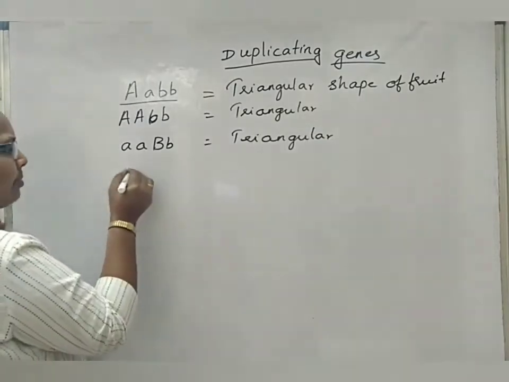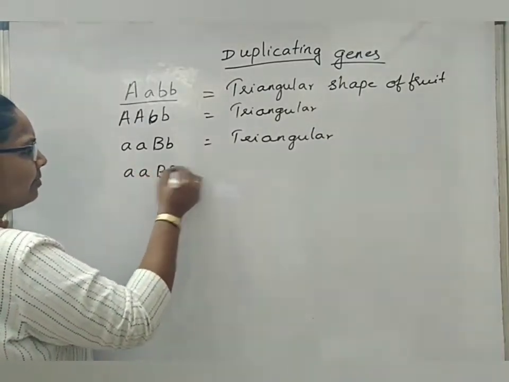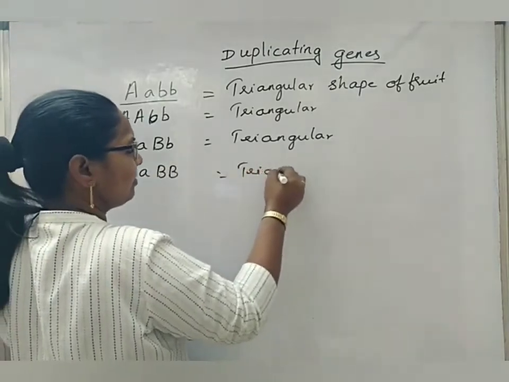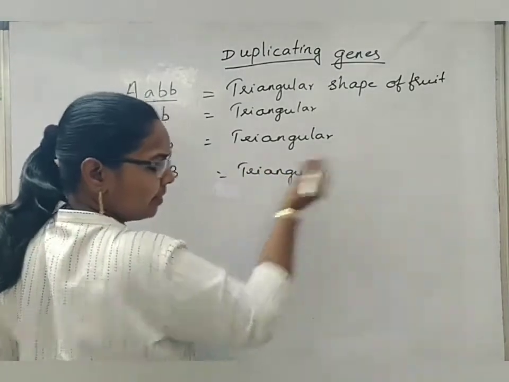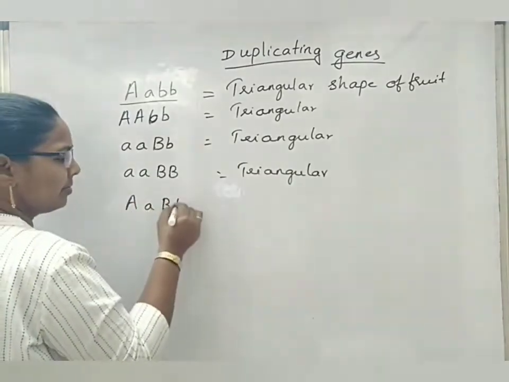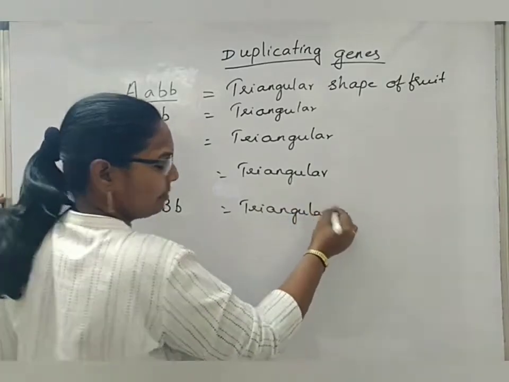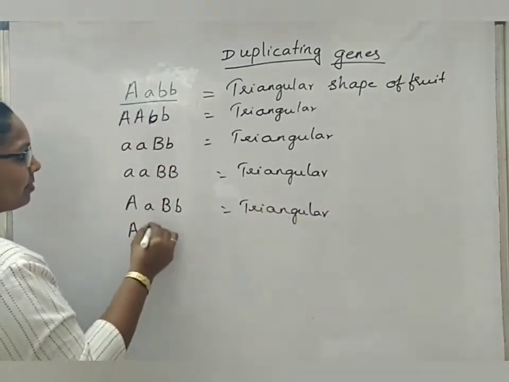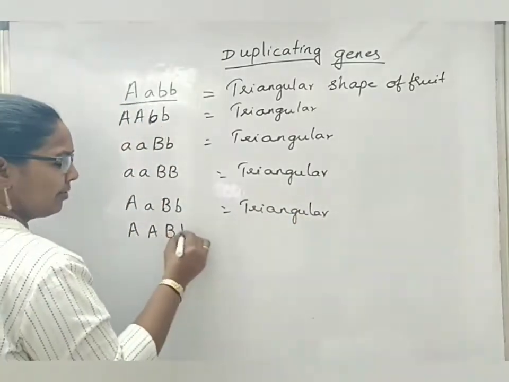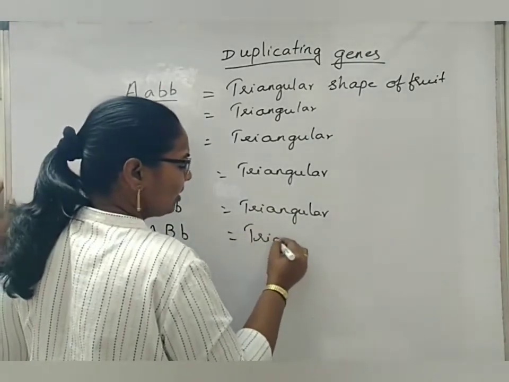Next, another example, again triangular. Next, then also triangular shape of the fruit. If three dominant alleles are present, then also triangular shape of the fruit.